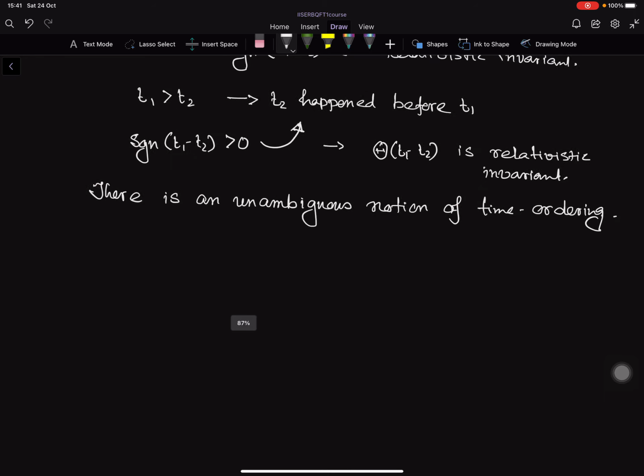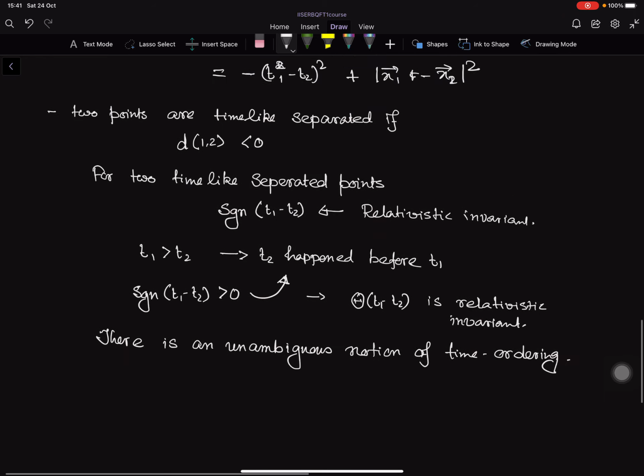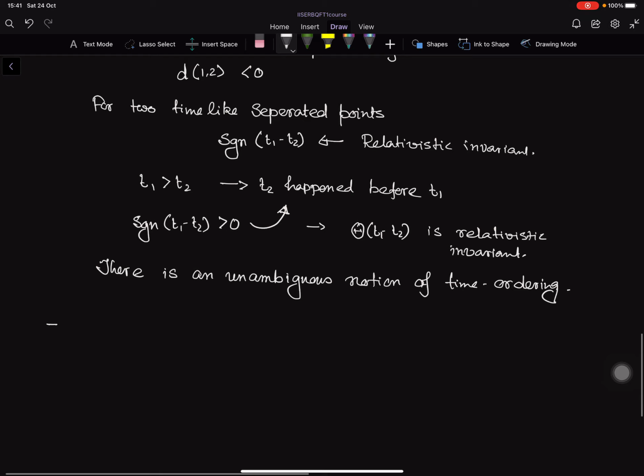Whereas if the 2 points are space-like separated, the proof will be given in the lecture notes.